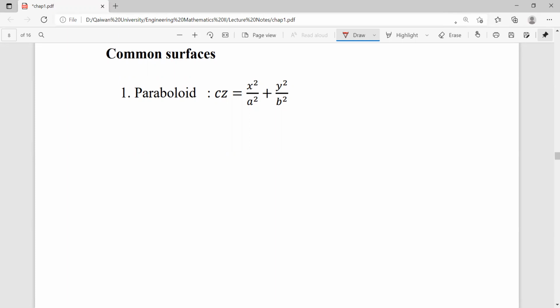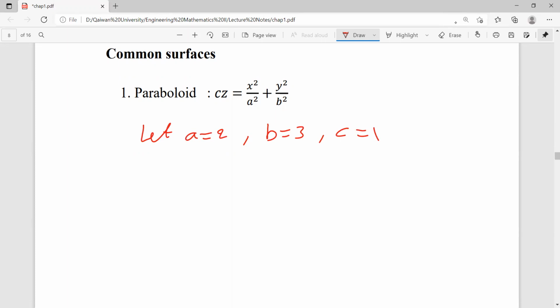First, let's draw the graph for specific numbers. Let's say a is 2, b is 3, and c is 1. I put these numbers randomly for a, b, and c. These numbers are going to be changed during the exam.